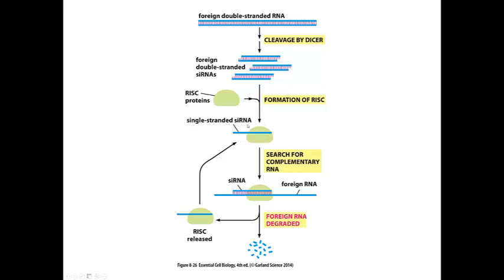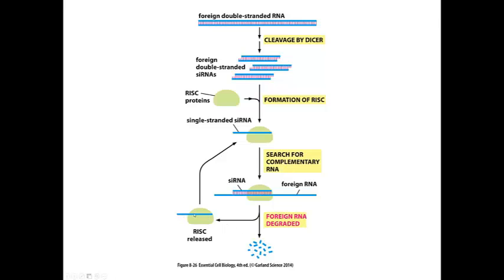That RISC complex will find RNA in the cell. I don't know why this figure calls it foreign RNA, because it could certainly be endogenous RNA. But anyway, it will recognize it, base pair with it, and degrade it. It will cleave within this complementary sequence, and the RNA is degraded and destroyed.